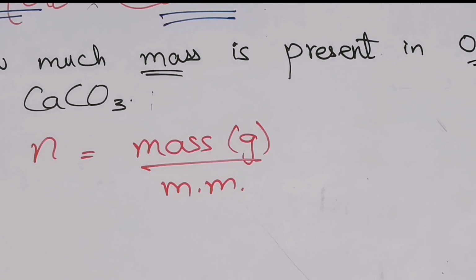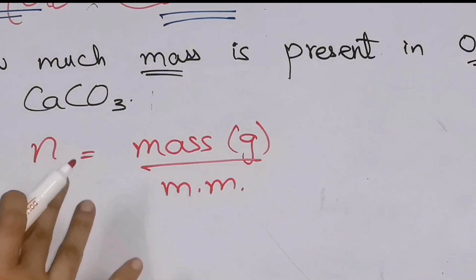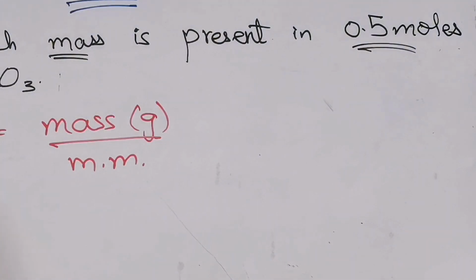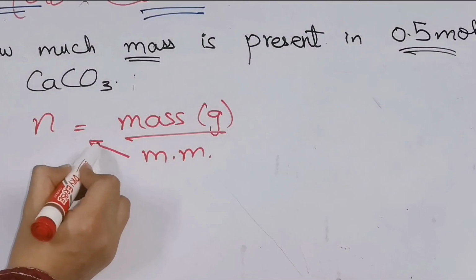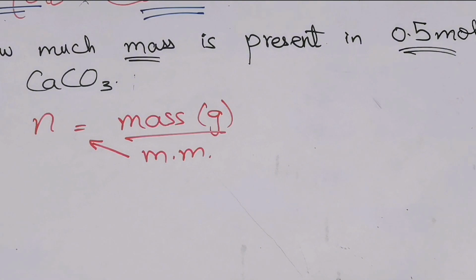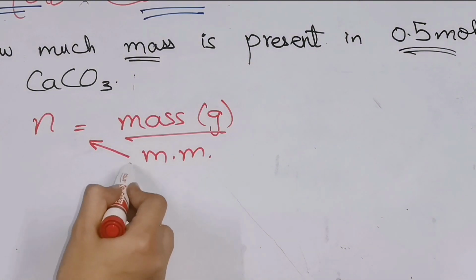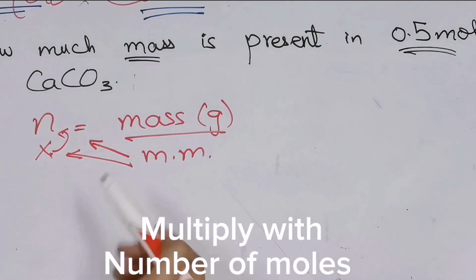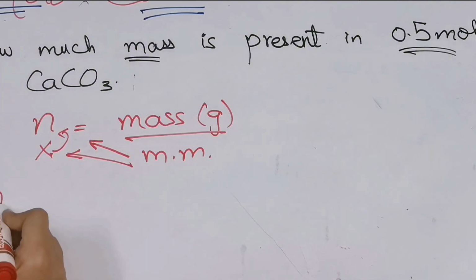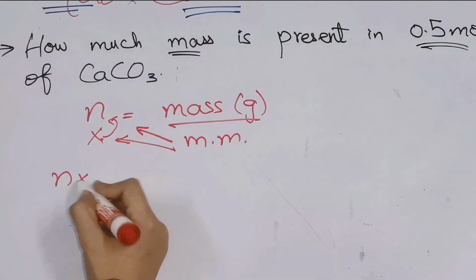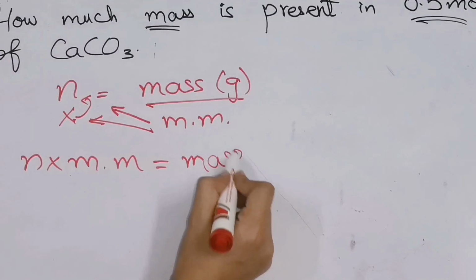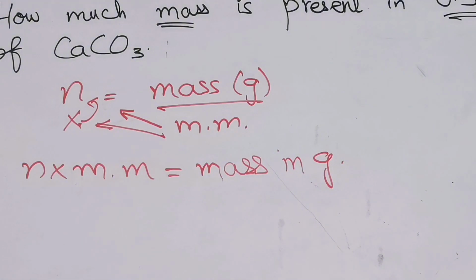Okay, now what will happen? We will rearrange this formula. This mass will stay in its place and this molar mass will go on the other side. It is in division form, so on the other side, it will multiply with the molar mass. So after rearranging the formula, it will be number of moles multiplied by molar mass, which will be equal to mass in gram.